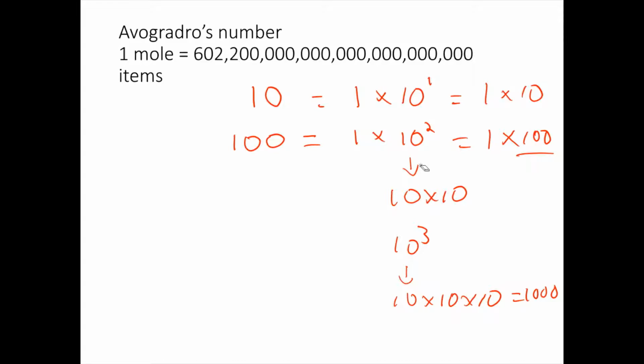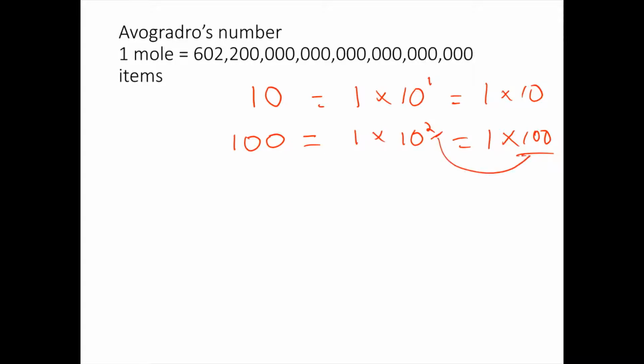And so I can express these numbers in scientific notation by doing 1 times 10 to a certain power, where this number shows me the number of zeros that I have here. And it also shows me the number of times that I jump in order to get my number. Here I'm jumping twice.